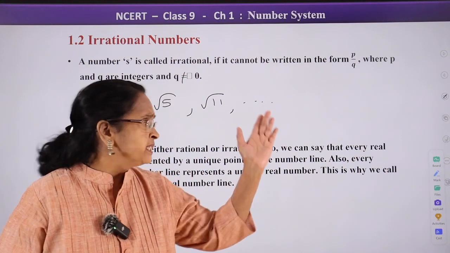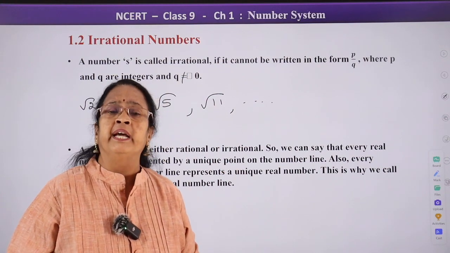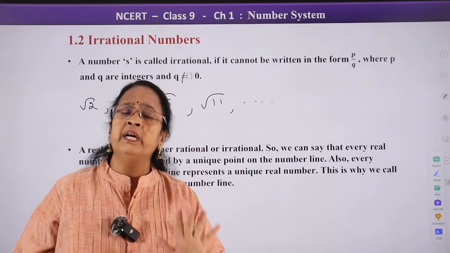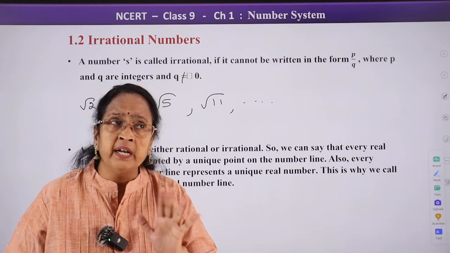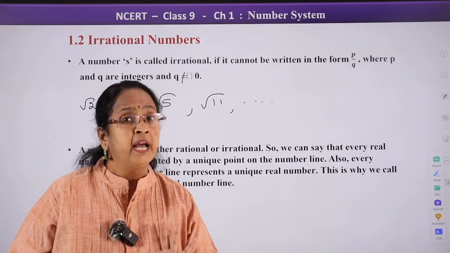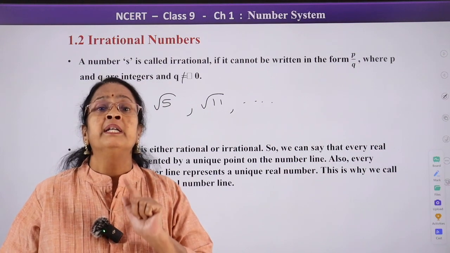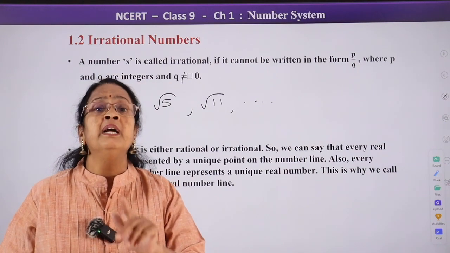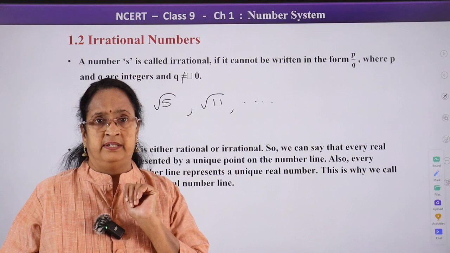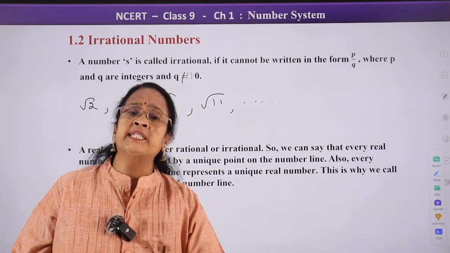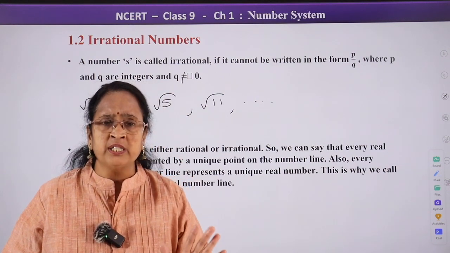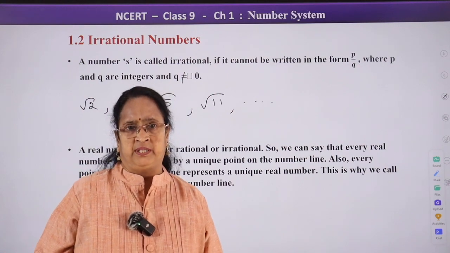So what is the exception here? All the numbers in this world are real numbers, except the imaginary number, the complex number i. Complex numbers are not real numbers.